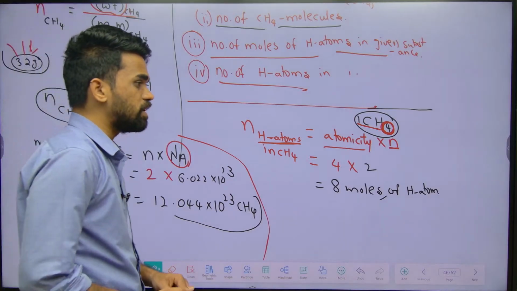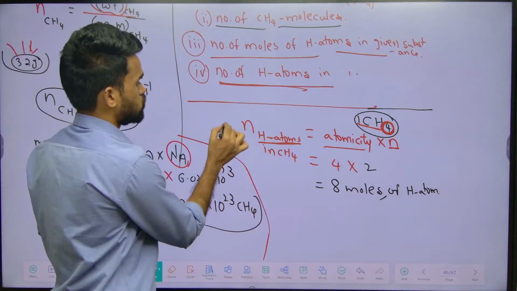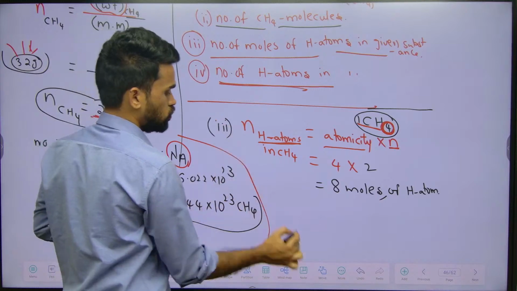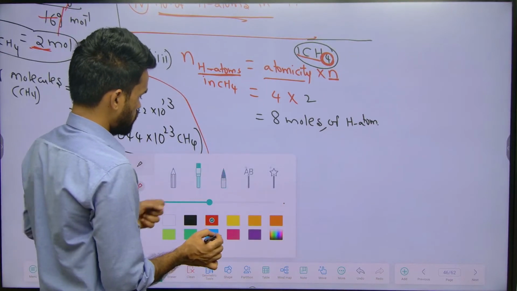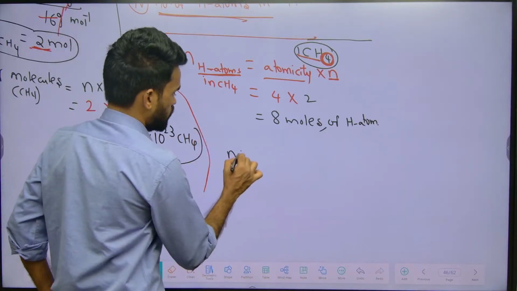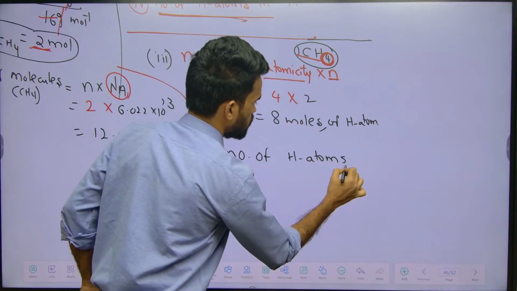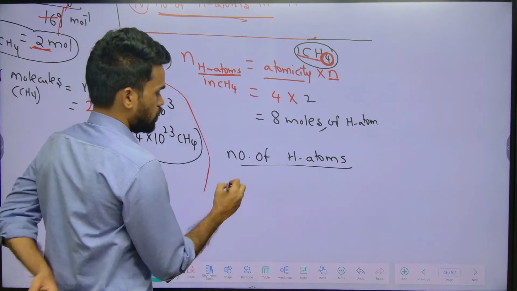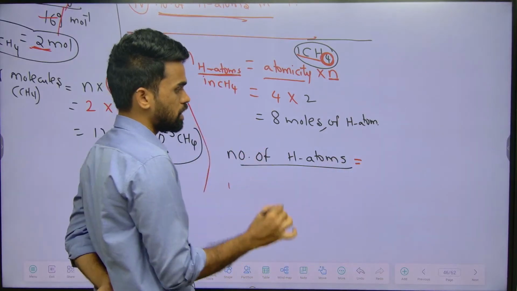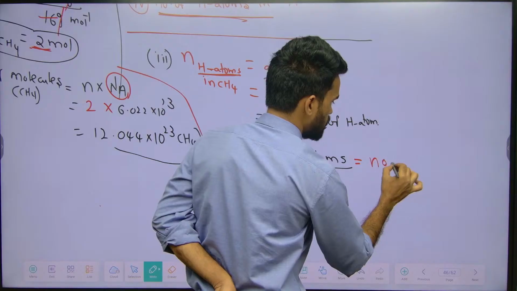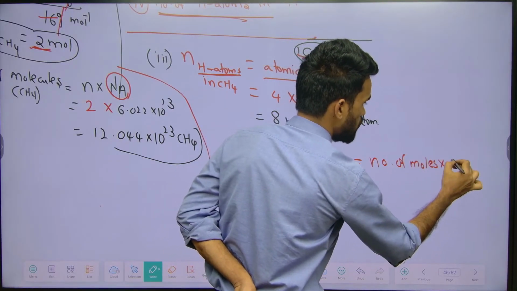The next one here, number of hydrogen atoms they are asking. So this is the third, and next, the fourth one: number of hydrogen atoms is equal to number of moles into Avogadro number.